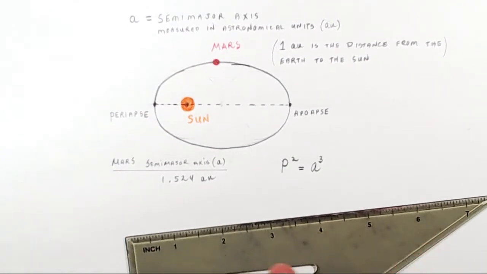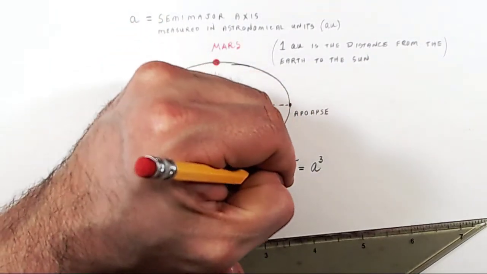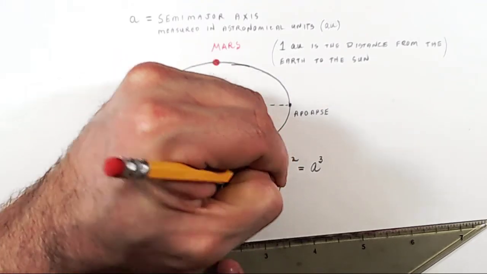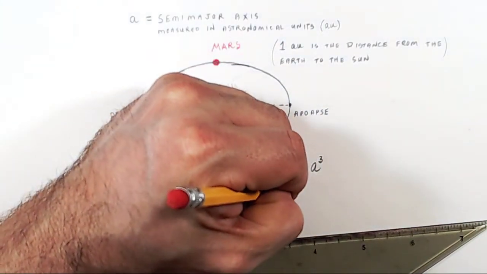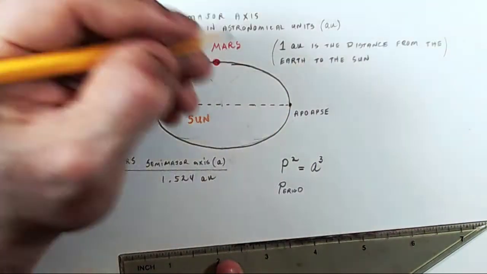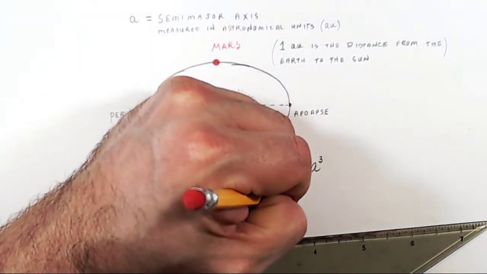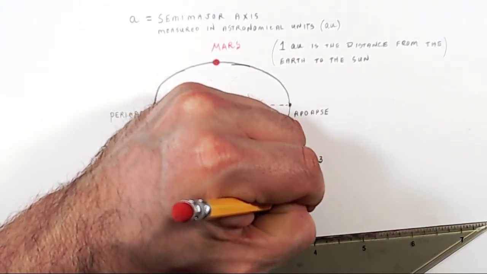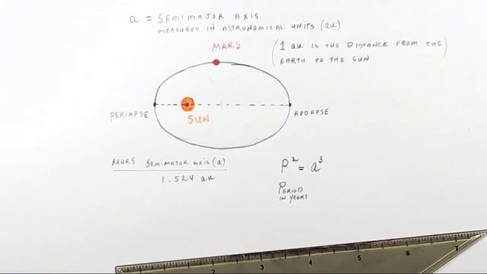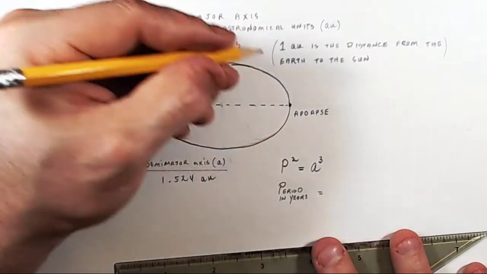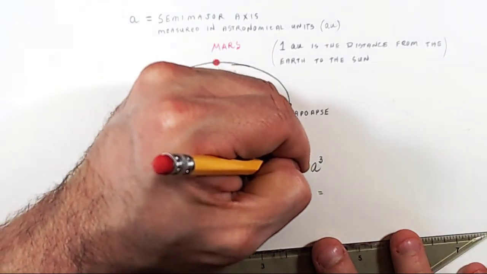Okay, so if I want to just find the period in years, this is the period in years. I just take the square root of both sides, right?